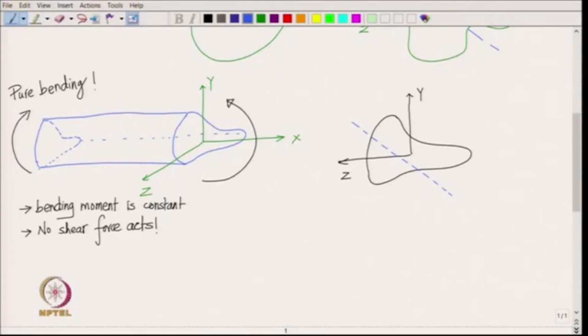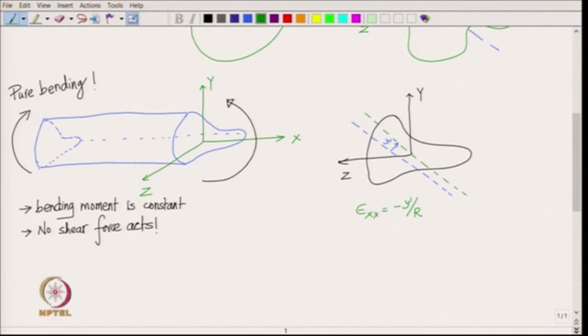If you go a distance y prime above the neutral axis, then on this green line we have found out that the strain epsilon xx was minus y prime over R, where R is the radius of curvature.